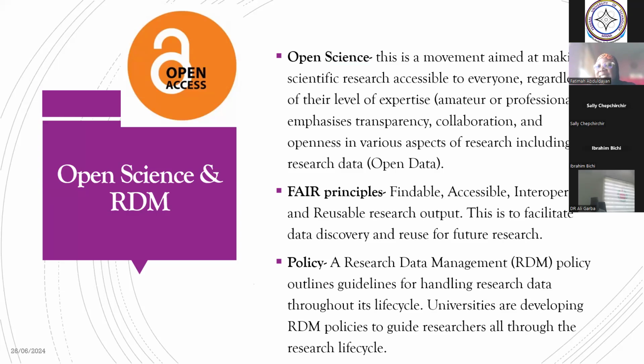So open science ensures collaboration, and openness in various aspects of research is highly encouraged, including openness to your data. So openness in research data is what we call open data. There are other aspects of open science, like open access to journal articles, open peer review, open government.